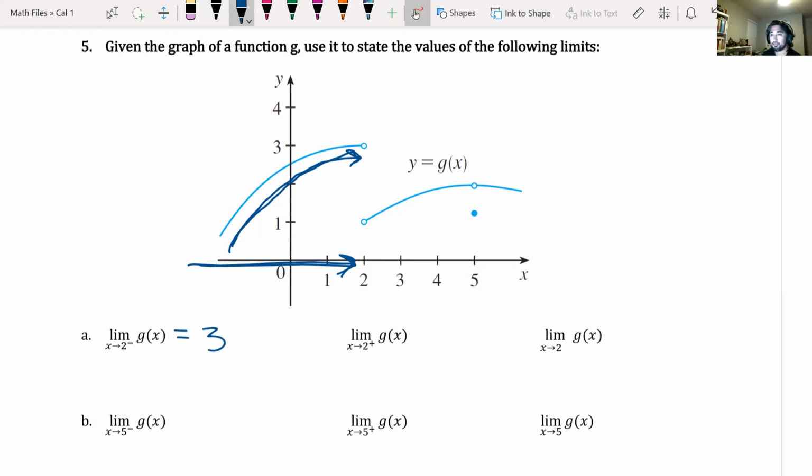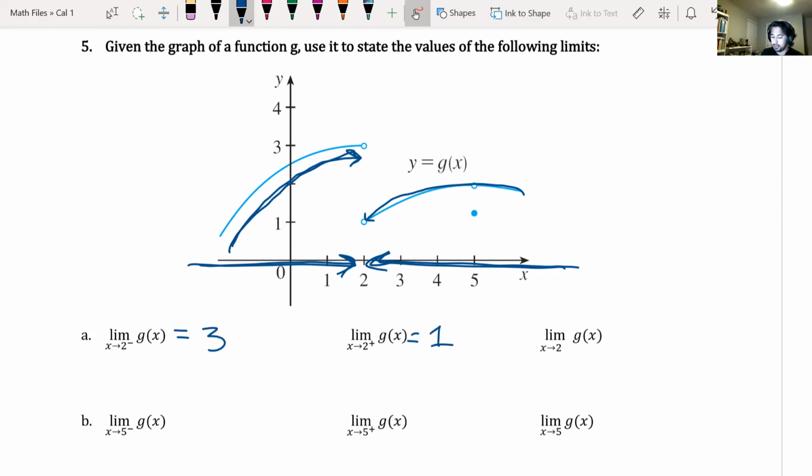Everybody good with that? Okay, and then let's do the one next to it. Now, as we approach 2 from the right side, what is my y value doing? As we approach 2 from the right, what value is y getting close to? 1. So the limit from the right is 1.